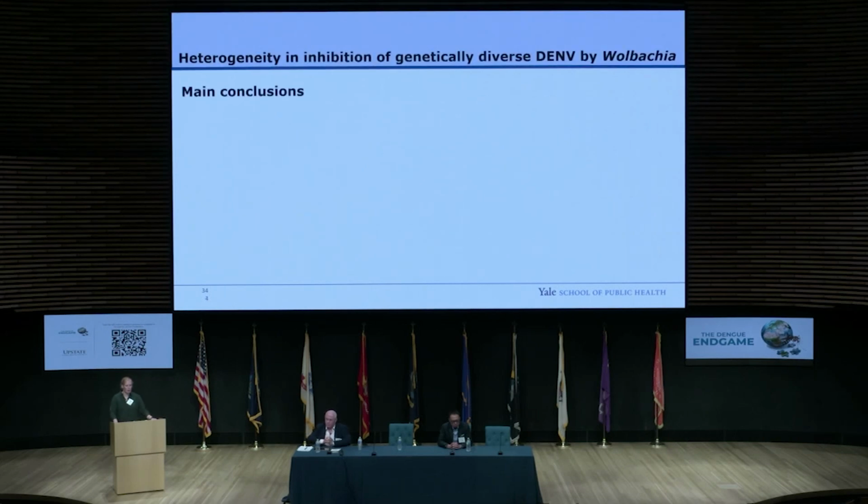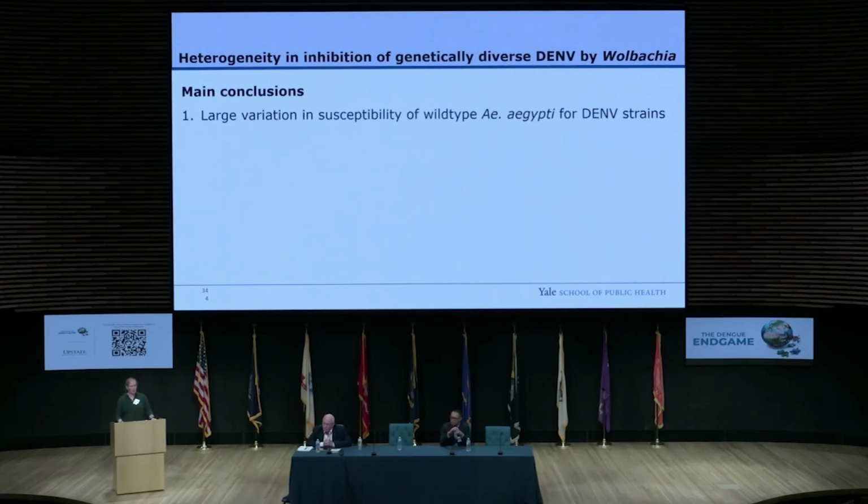And then just to wrap up with some main takeaways and some discussion points. The first point to make is that even in wild-type mosquitoes, we see that large variation. That already drives home the point that yes, we need to take genetic diversity into account, and not all dengue strains are equal. Second point is that we're also seeing differences between 2 different Wolbachia strains, with an overall WML being the stronger blocker, WLB the weaker blocker.